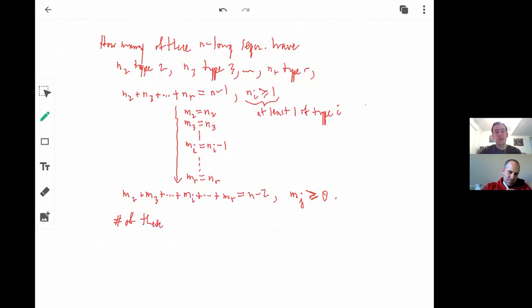It'd be n minus 2 factorial, because that's the total number of letters, divided by the factorial of each of the individual m sub j's.